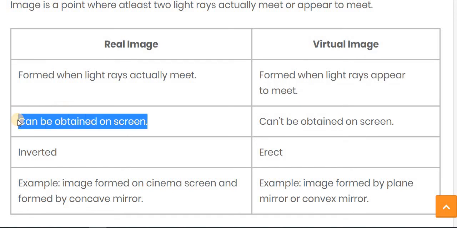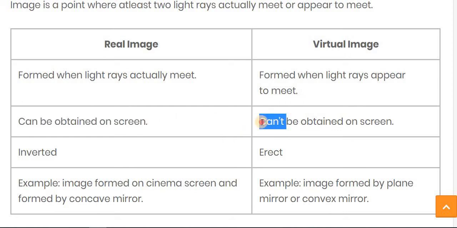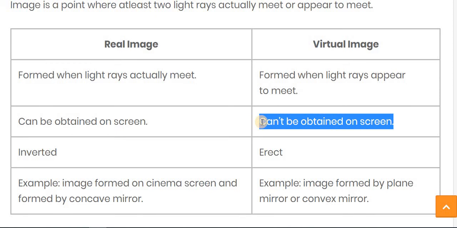The next point is that a real image can be obtained on a screen. As we discussed, the light rays actually meet at a point and the image is formed, so due to that realness we can obtain that image on a screen. But in the case of a virtual image, we cannot obtain the image on a screen, because the rays do not actually meet; we feel that they appear to meet.